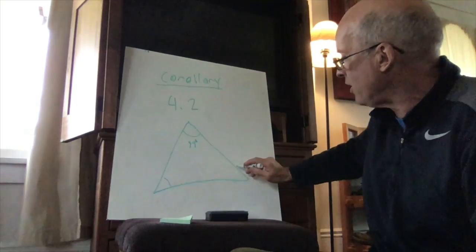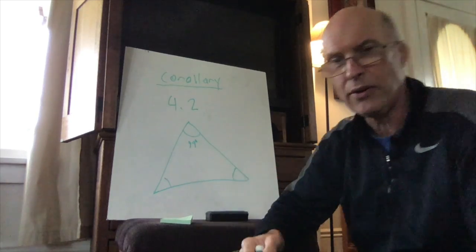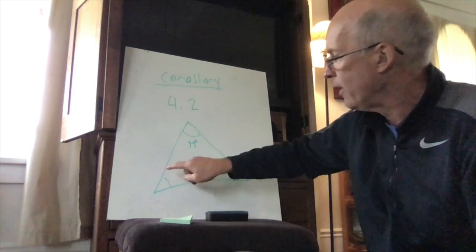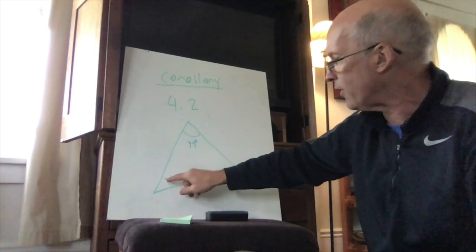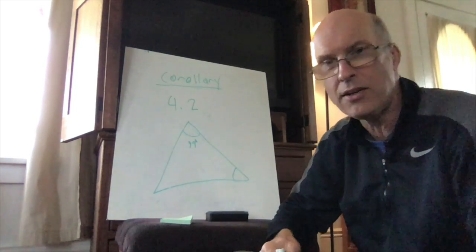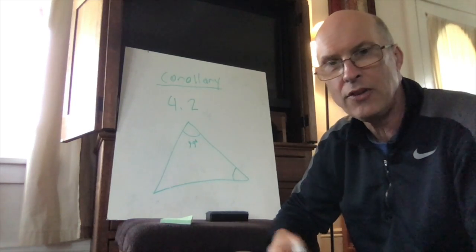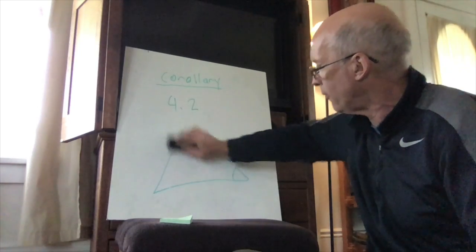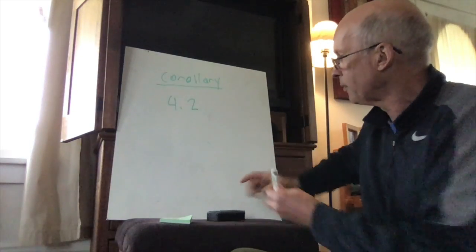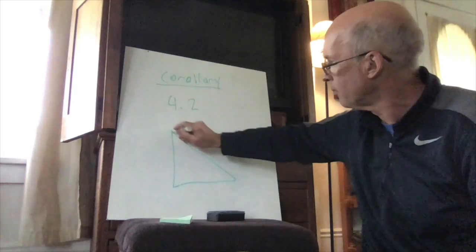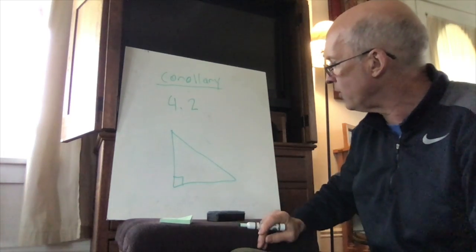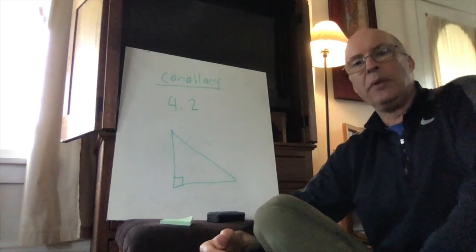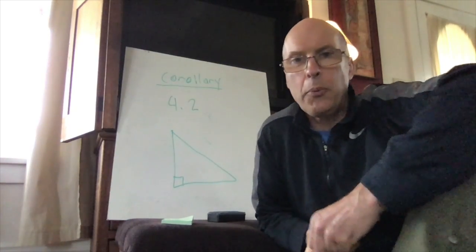Well, that means if these three are going to add up to 180 degrees, you can't have another angle be 90 degrees or more. It's just going to add up to too many things. Even if this was just a right triangle, if that one's 90 degrees, you can't have another 90 degree one because it's going to add up to too much. So that's corollary 4.2.